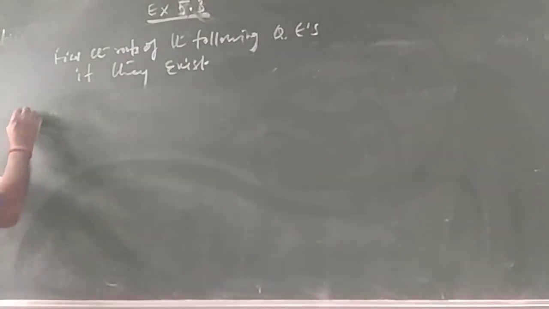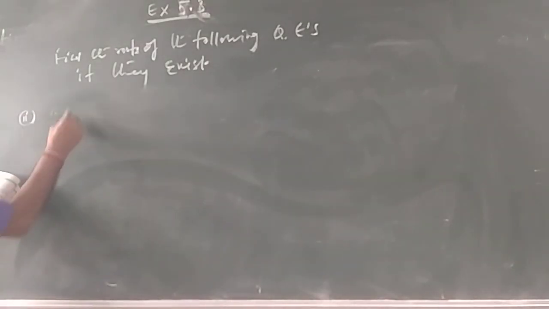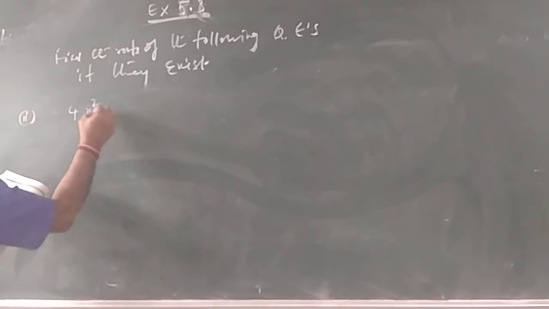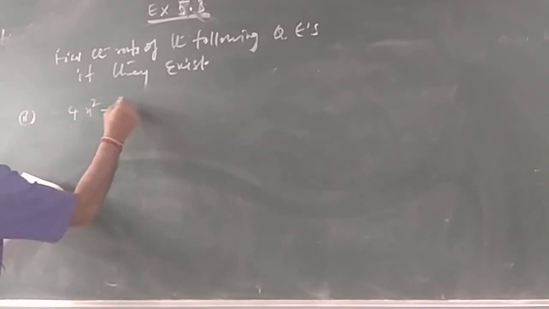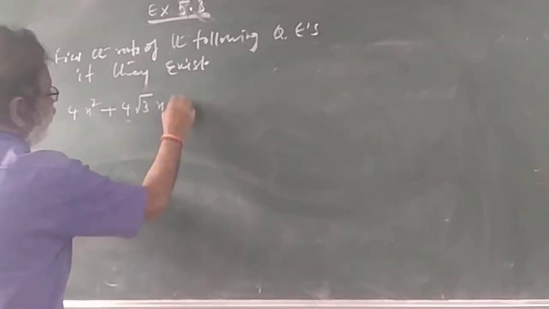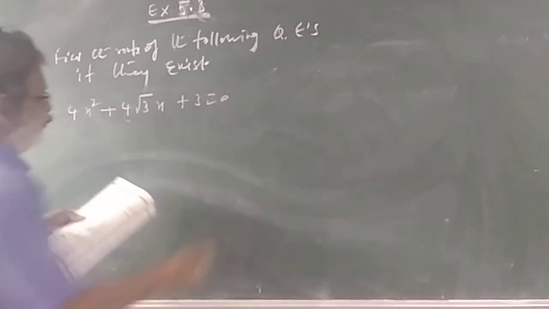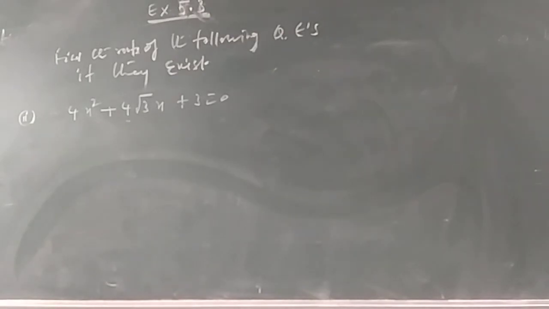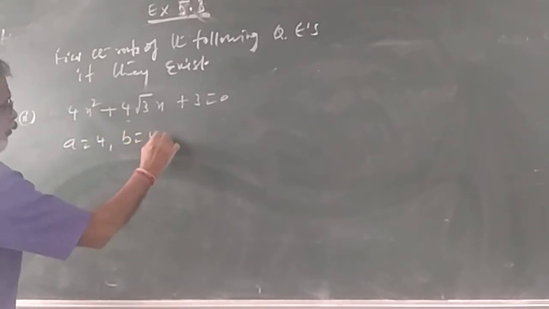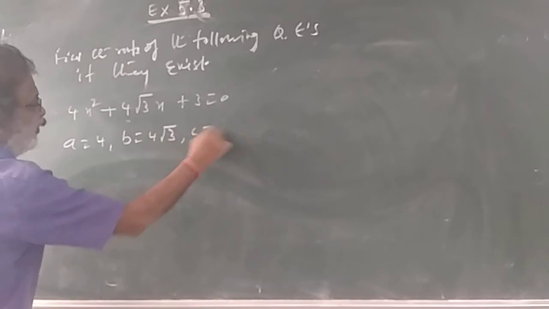In the second bit, 4x squared plus 4 root 3 x plus 3 is equal to 0. Just to see whether they exist or not, find out the discriminant. A is equal to 4, B is equal to 4 root 3, C is equal to 3.